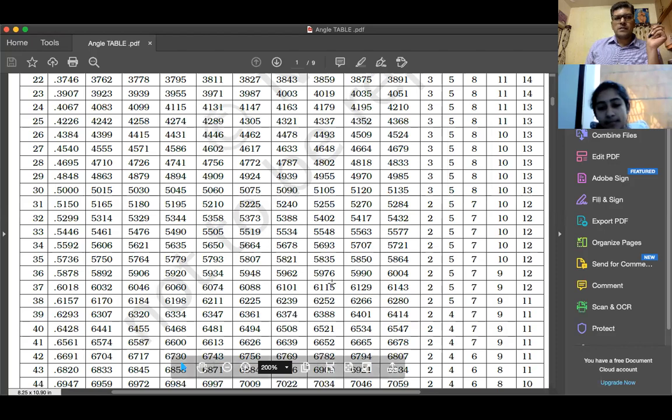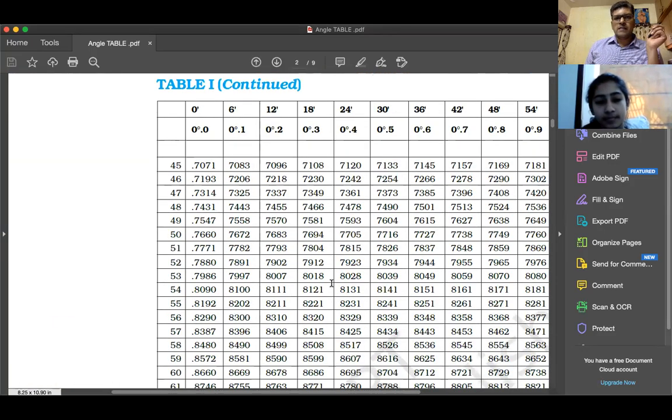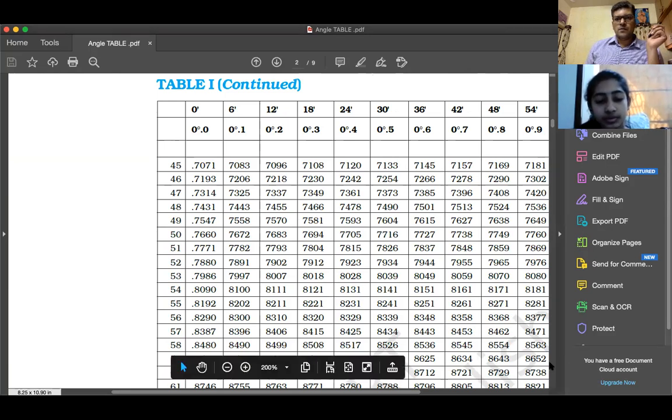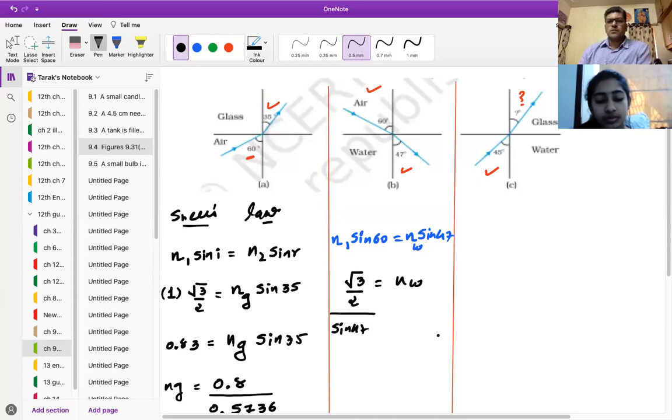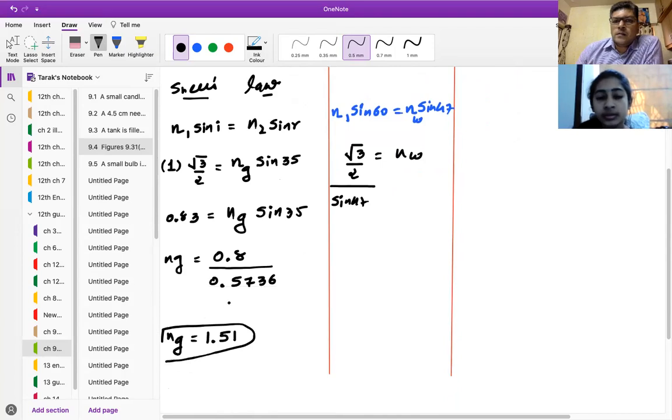So it is sine 47's value, which is 0.7314. Okay, so 0.8 divided by 0.7314 equals the refractive index of water.